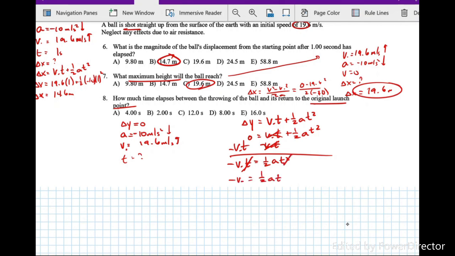Negative v0 equals 1/2 a t because the time has gone away. I'll multiply both sides by 2 and divide by a. And so that tells me that time is negative 2v0 over a, negative 2 times 19.6 over negative 10 gives me roughly 4 seconds. There you have it.